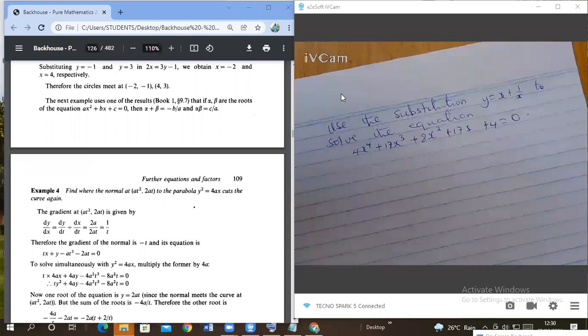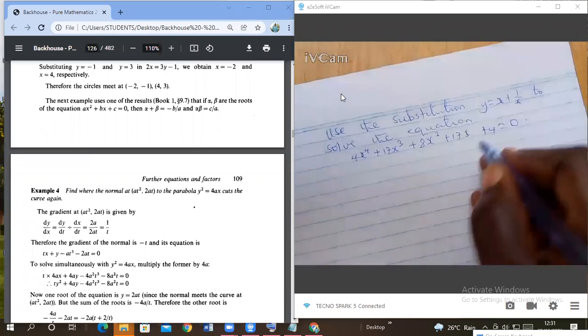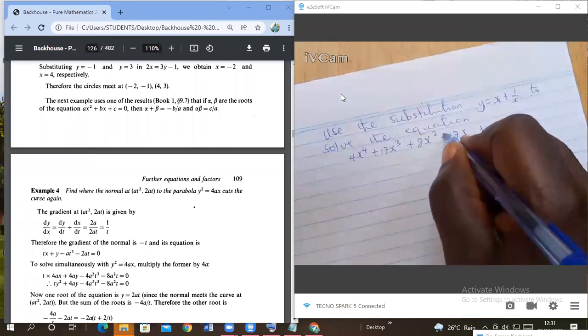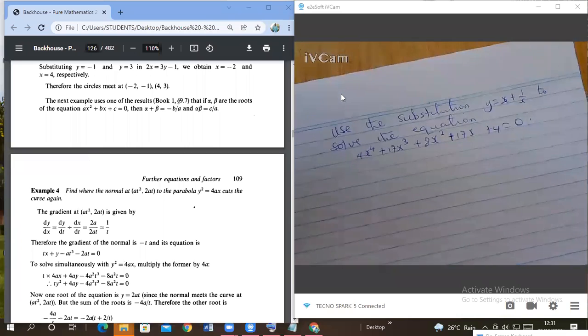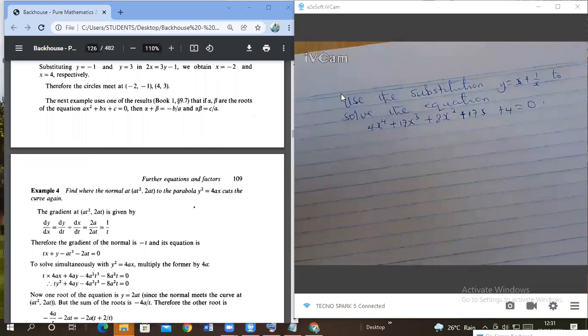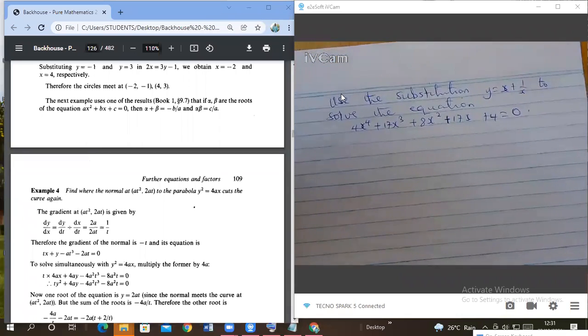Is that 175? No, 17x cubed. It is 4x to the power 4 plus 17x cubed plus 8x squared plus 17x plus 4 is equal to 0. So let's give it a try quickly and we see.